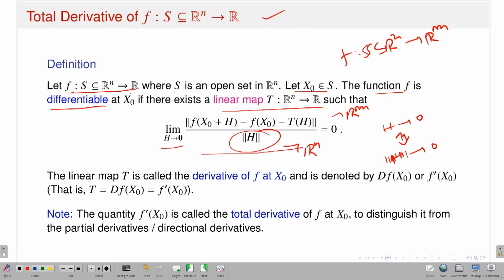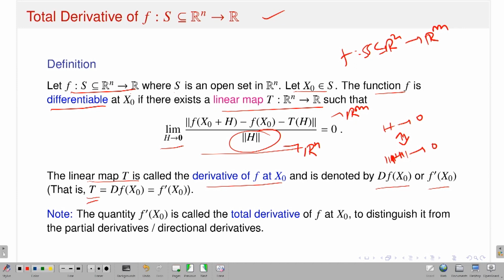Quotient means in the numerator you have the norm of f of x naught plus h minus f of x naught minus T, the linear transformation acting on h, divided by norm h. The linear map T is called the derivative of f at x naught, and these are the notations: df at x naught, f prime at x naught, is nothing but the linear transformation.